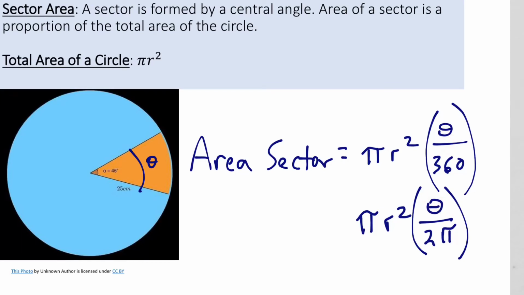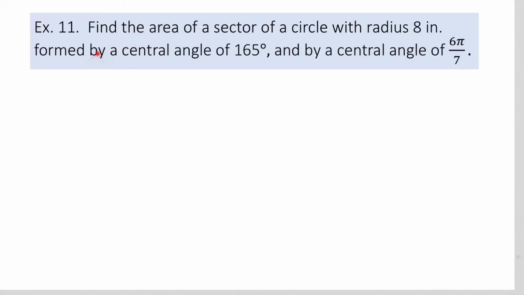So either one of these two formulas right here, depending on your given information, would be used to find sector area. So in this example, we're saying find the area of a sector of a circle with the radius 8 inches formed by a central angle of 165 degrees, and here's a second problem, and by a central angle of 6 pi over 7 radians. So we'll do it both ways.